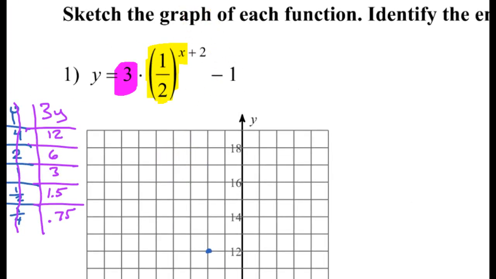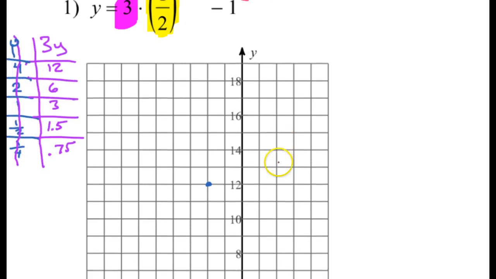What I haven't done yet is I haven't done my horizontal and vertical translations. This +2 right here means actually left 2. The -1 right here means that the graph will be shifted down 1. So I need to move everything left 2 and down 1.